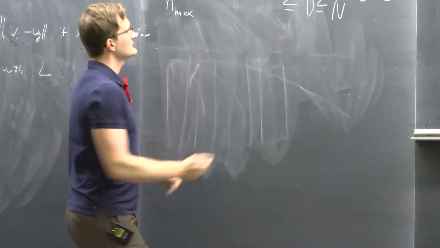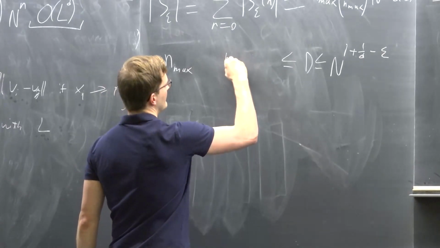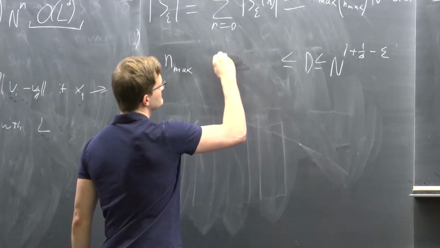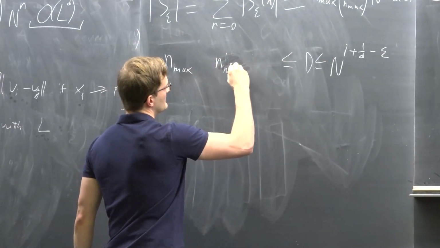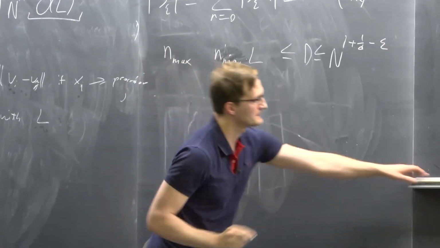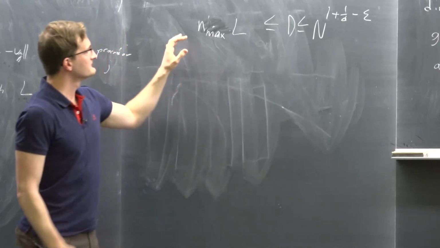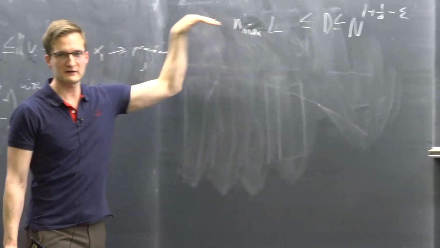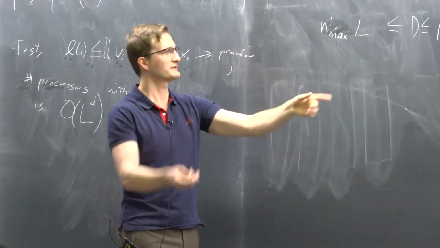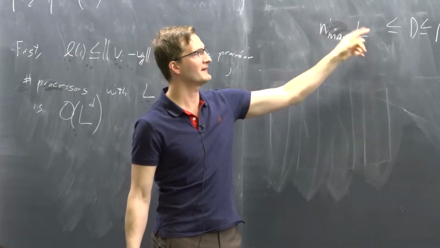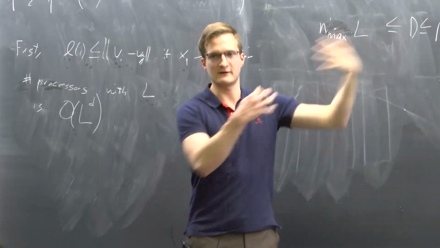And this is necessarily going to be n max times L. So if I take the maximum number of messages that travel a distance at least L and multiply them by L, that's going to be a lower bound on the sum of the distances all the messages travel.